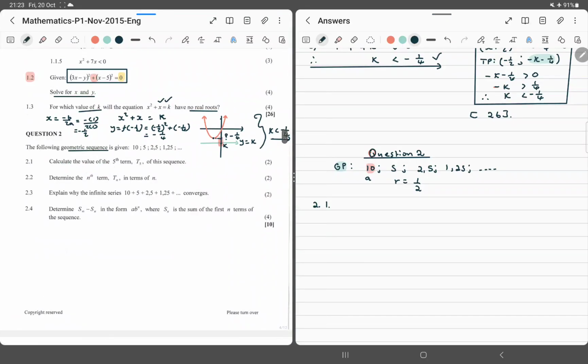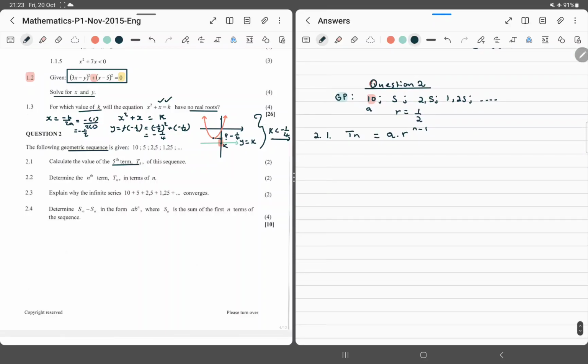Now I told you, calculate the value of the fifth term of the sequence. So in a geometric progression, Tn is basically a times r to the exponent n minus 1. So this implies that T5 is going to be a is 10, r is a half, to the exponent n is 5 minus 1.